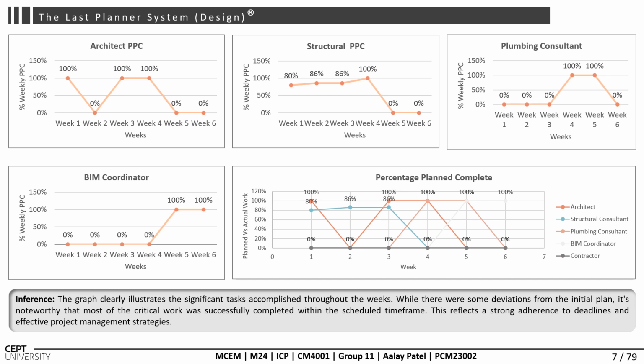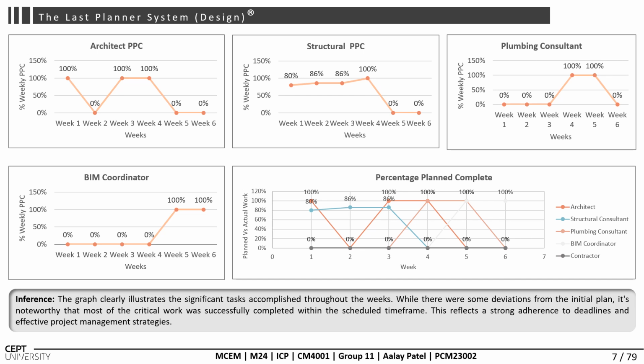progress. The bottom right graph depicts the percentage plan complete over time. This graph showcases the alignment of actual progress with the planned schedule, emphasizing consistent efforts to meet project goals.